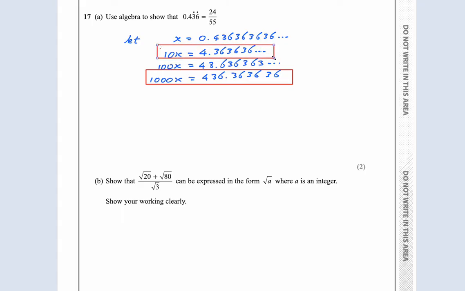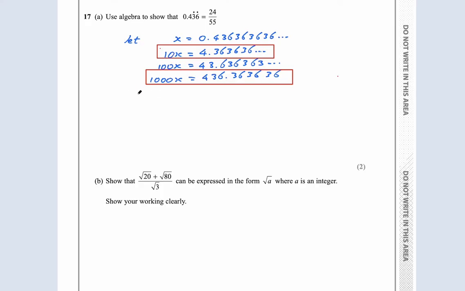Okay, why am I saying they're the same? Well, because the decimal points, this is the first time the digits after the decimal point are the same. 363636, and here's 363636. Now I subtract them. I do 1000x minus 10x.